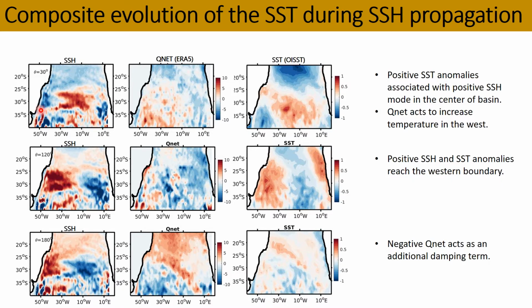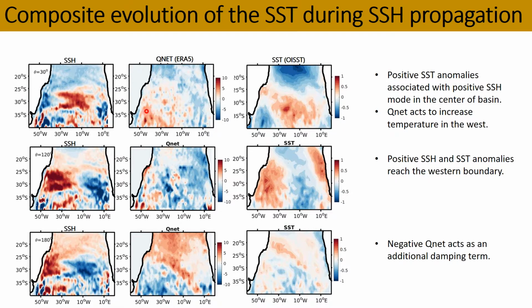And in the eastern side, in the western side, you have a negative phase of sea surface height, but positive QNet. So QNet tends to warm the ocean, whereas you have cold anomalies.